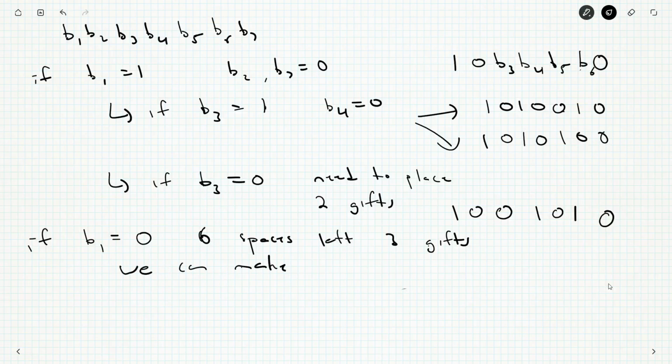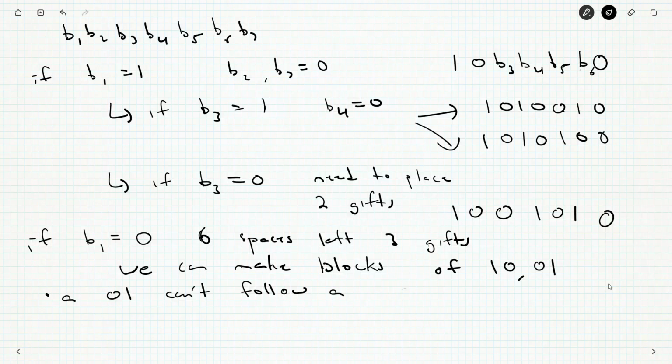So I guess we can make blocks of 1 zeros and 0 ones. A 0 1 can't follow a 1, or no, a 1 0 can't follow a 0 1.